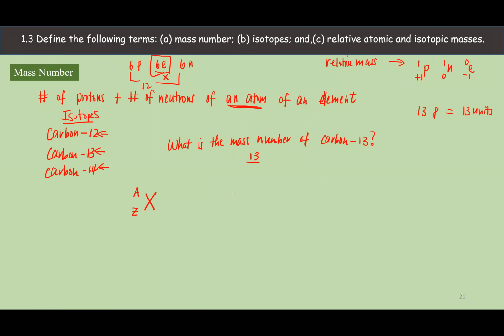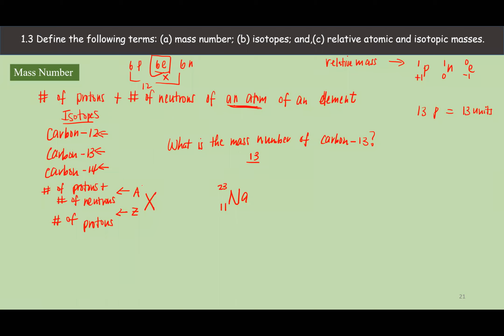So in an element such as sodium, which is the 11th element of the periodic table, with a mass number of 23, this here is the number of protons. This here is the number of protons plus the number of neutrons.